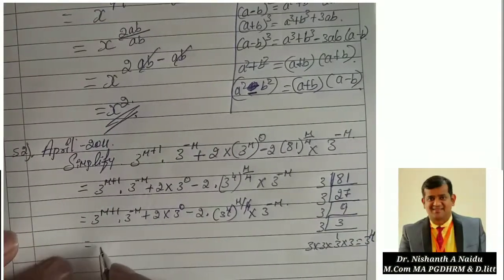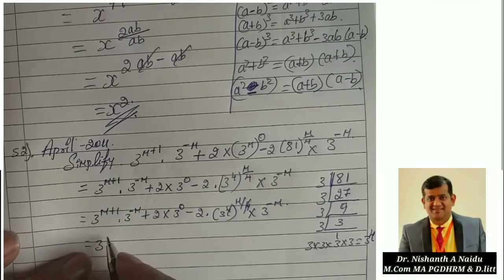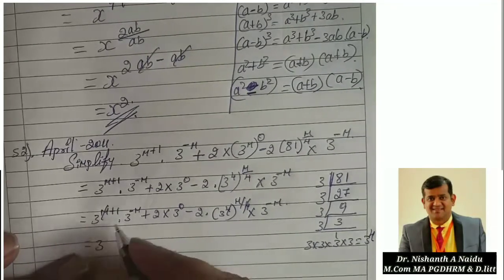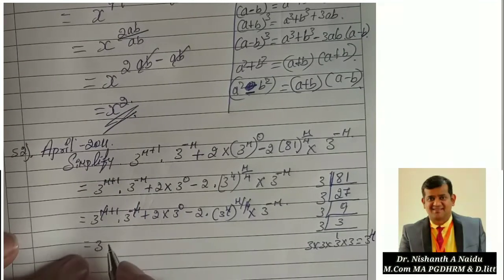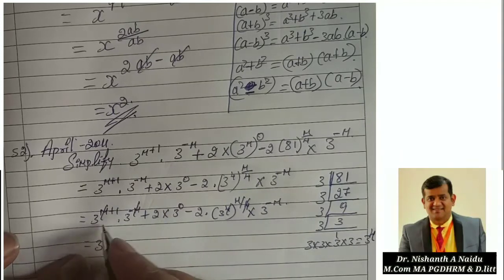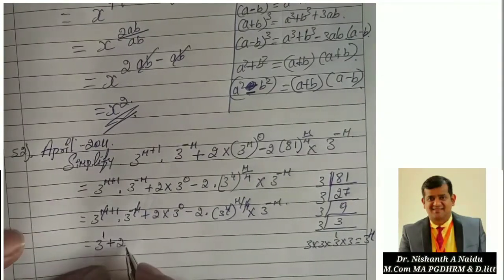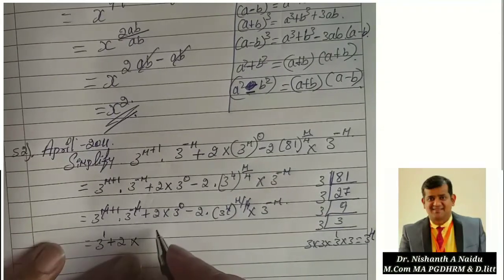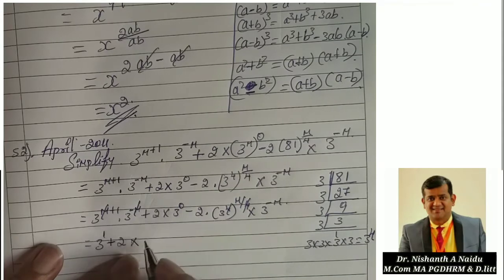In the next stage, I am going to simplify as much as possible. That is 3 to the power of m plus minus m, gone. The bases are the same, so what is left is 3 to the power of 1, plus 2 copied, into 3 to the power of 0. 3 to the power of 0 is always equal to what? 1.